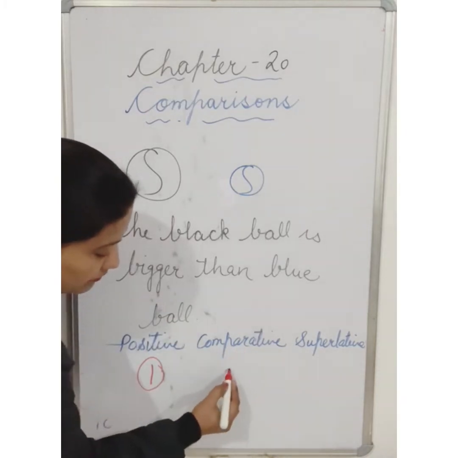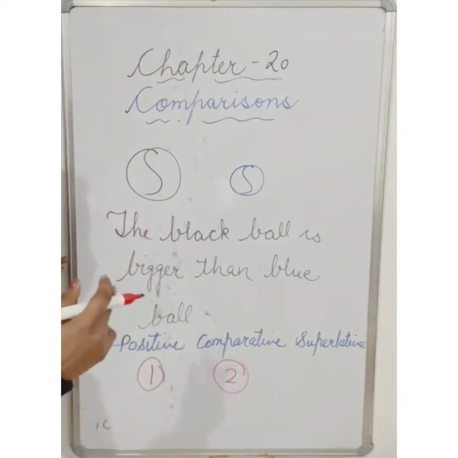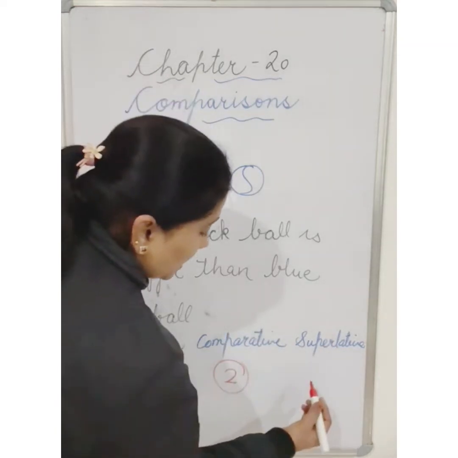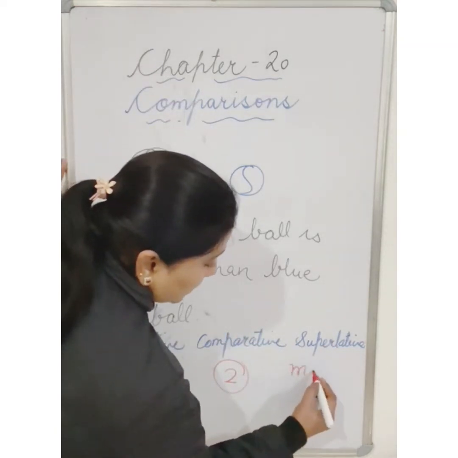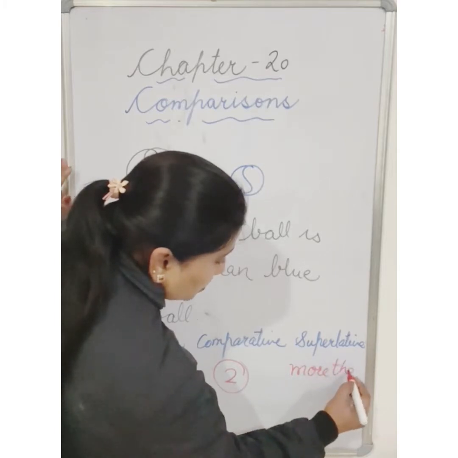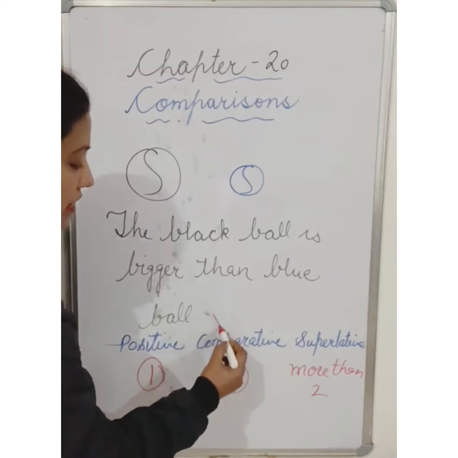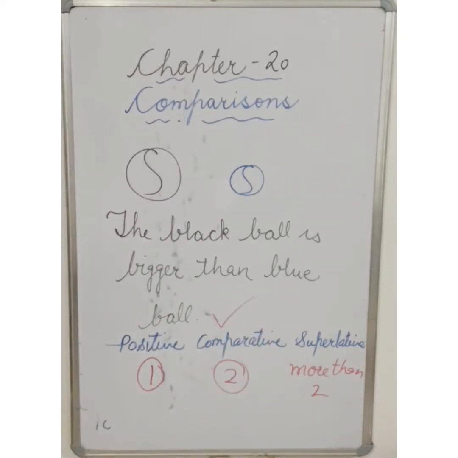Comparative degree we use when we are comparing two things, two people, two places, two cities. Superlative degree is when we are comparing more than two things. More than two. Okay, so in this chapter we will read about comparative degree.